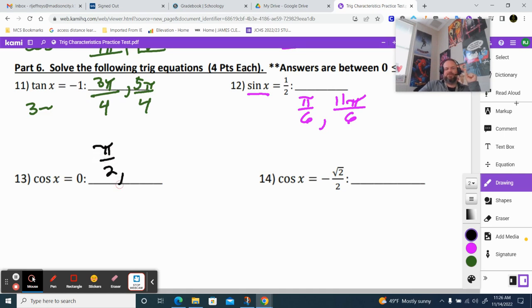Pi over 2 and 3 pi over 2. Remember, I'm sorry, it's on the y-axis, so that means because cosine is your x value, right? Yeah, we had a test on that already. Some of y'all did good. Some of y'all had the plague.